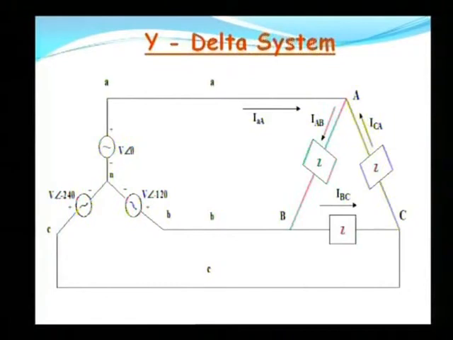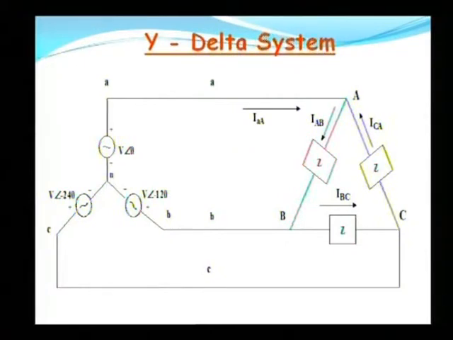The next one, the fourth connection, is the Y to delta system. It means the input side contains the Y, the star connection, and the output contains the delta connection. As we know, in the Y connection there is a phase shift between all three phases.